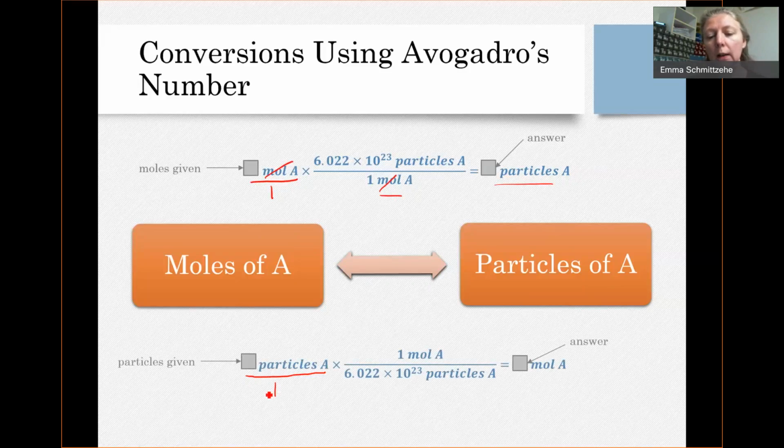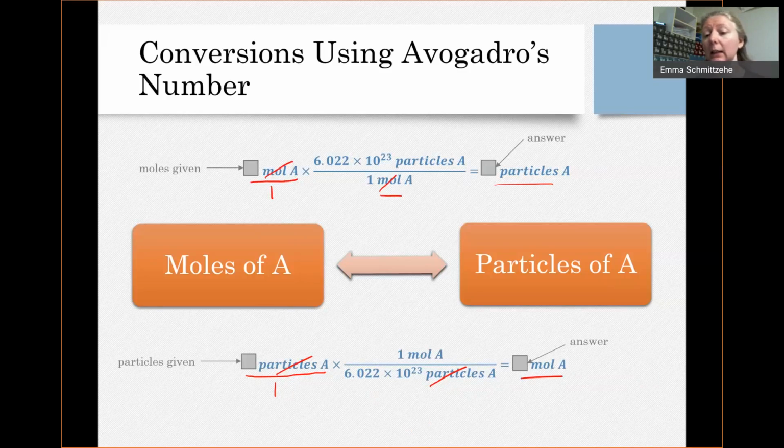If you want to convert those particles to the number of moles, you would put particles on the bottom so that the particles cancel, and you put moles on top. 1 always goes with the moles, and 6.022 times 10 to the 23rd always goes with whatever particle it is that you're dealing with. Then you would multiply through, so you would take your value and actually divide by Avogadro's number, and that would give you the number of moles of whatever you're looking for.